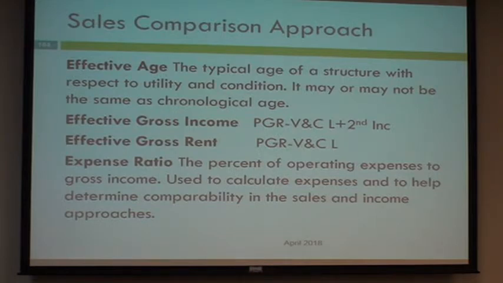What's going on here? They always got a great story to tell you. It generally involves expenses in the home office. It's not related to the operation of the property. That's another story. It's the percentage of operating expenses to gross income, used to calculate expenses and help determine comparability in the sales and income approach. So if the expense ratio is way out of line, we probably won't be able to use that, will we? We're talking about market expense ratio.